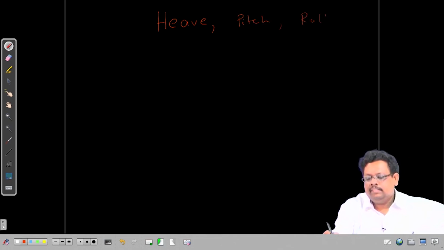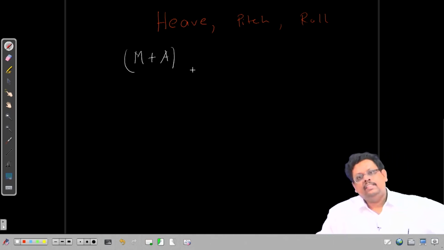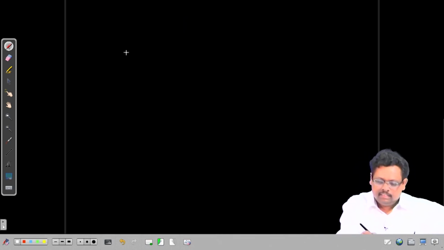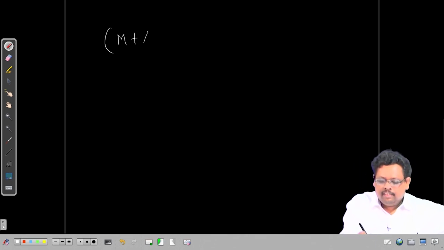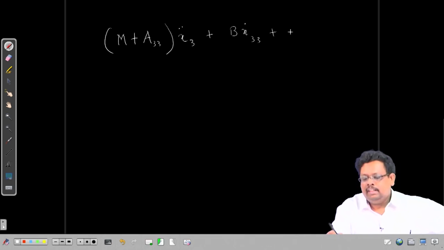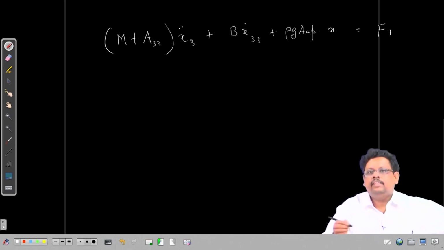I will discuss pitch first, before roll. In heave, the uncoupled equation of motion is (m plus A33) into x double dot 3, plus B into x dot 3, plus C x3, where C is nothing but rho g into A_WP, the waterplane area, is equal to the forcing function F.